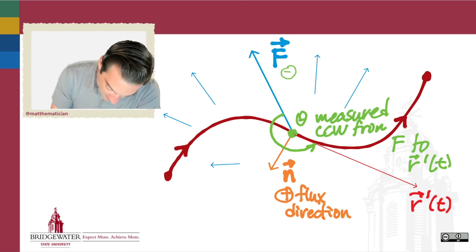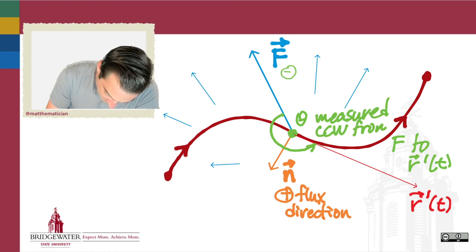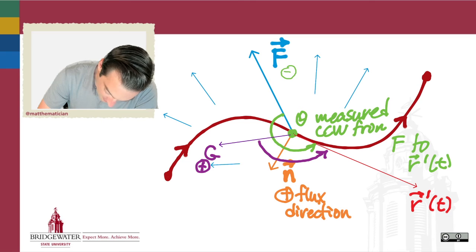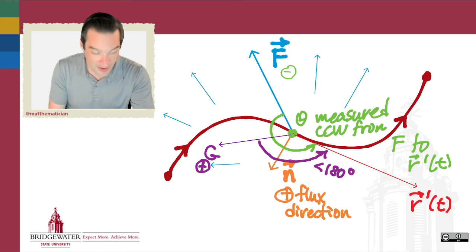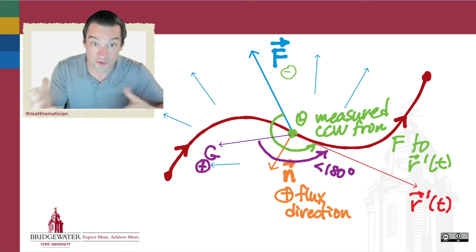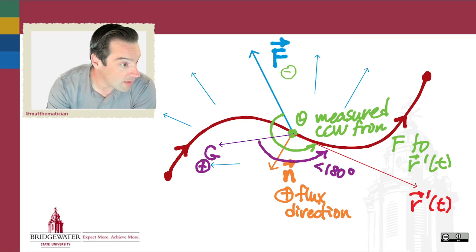Because an angle of less than 180 degrees from the vector field to my tangent vector, let's suppose, I don't know, if this were my vector field, call it G, then here, if I measure counterclockwise from the vector field to tangent vector, I'm going to get a positive sign because this is going to be less than 180 degrees. Right.